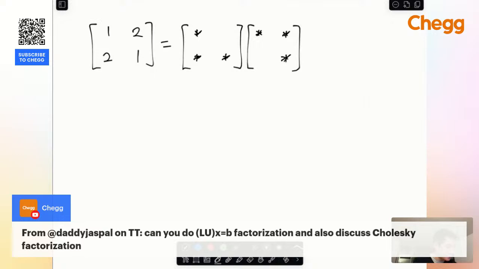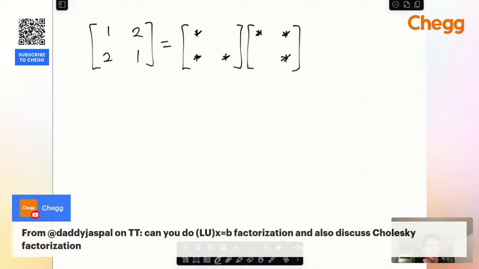Once you have the lower upper triangular factorization, solving for, as you've written, LUx equals b should be easier.